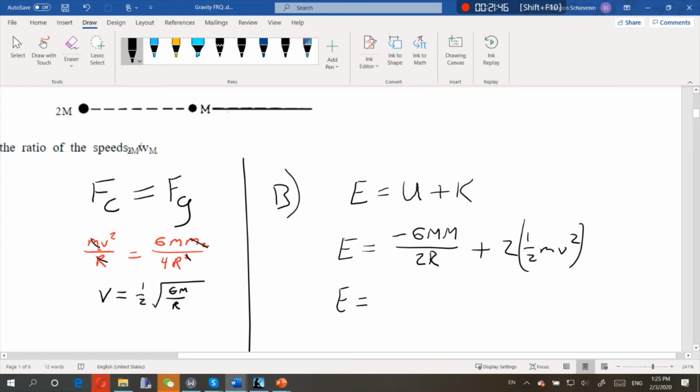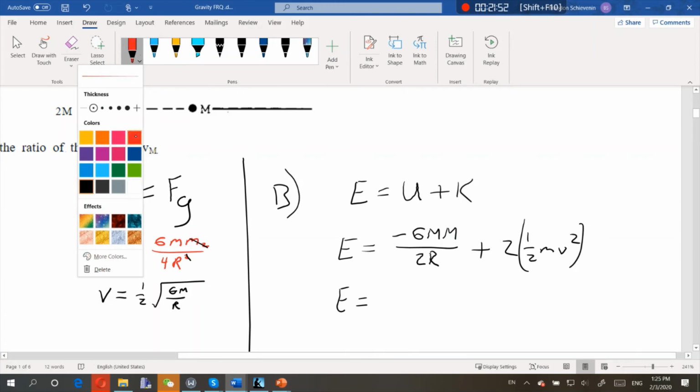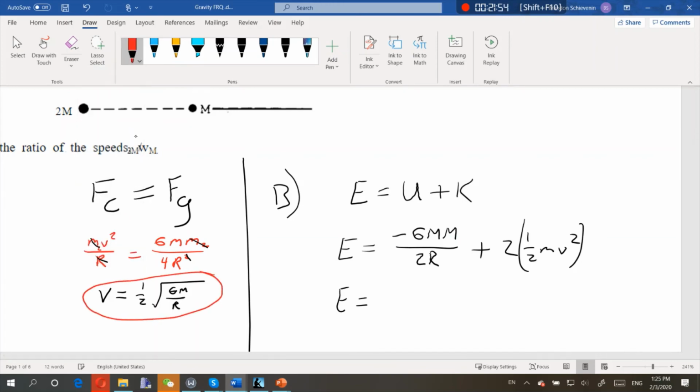Oh, and then we plug in what we found from part A. Perfect. So we're going to take our v that we have here and substitute that in here. Okay, so what does that give us? The first term, we just copy it: negative GMm over 2R.